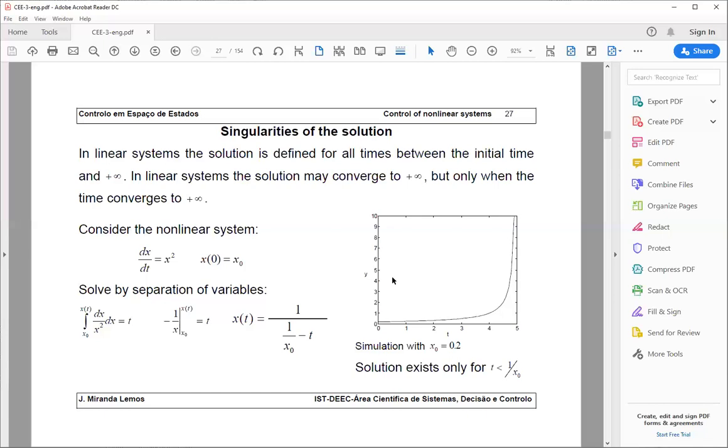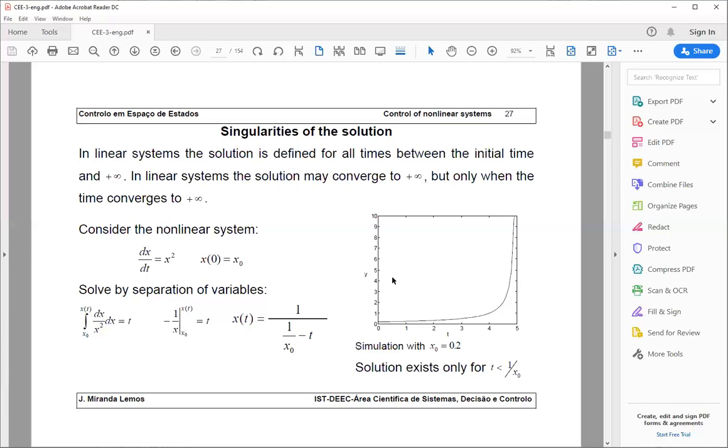And then we had the separation theorem, which tells you that you can impose the poles for the state feedback, the so-called controller poles, and the poles for the estimation error. And you can design both things separately and then put everything together.